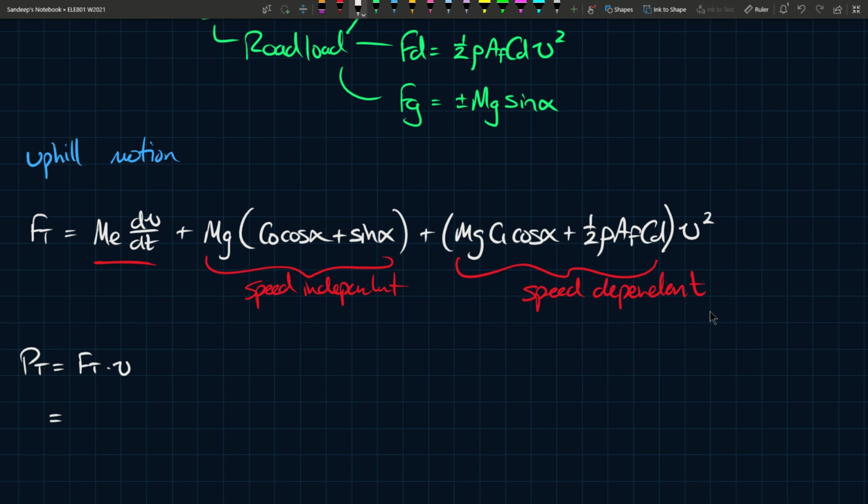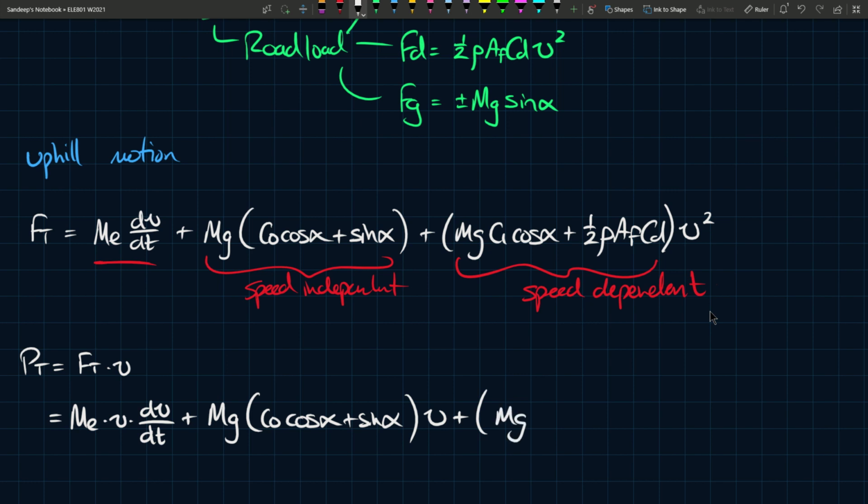So the power equation would say then me times v times dv by dt, and you would have mg c0 cos alpha plus sine alpha times v, and then obviously this term becomes v cubed, right?